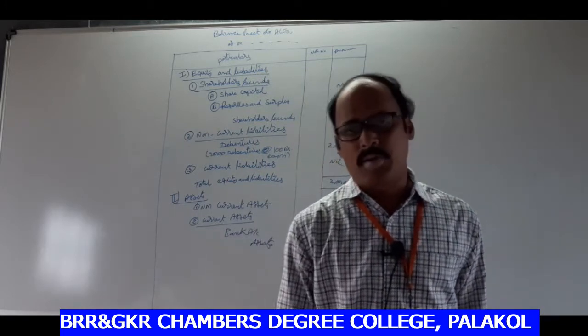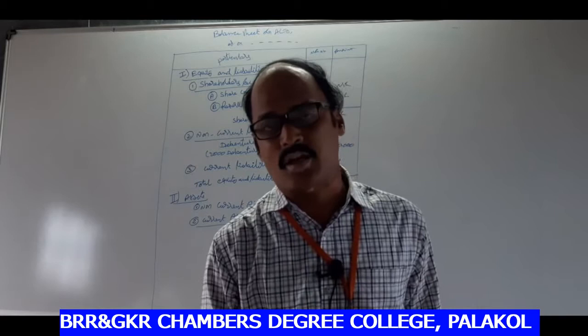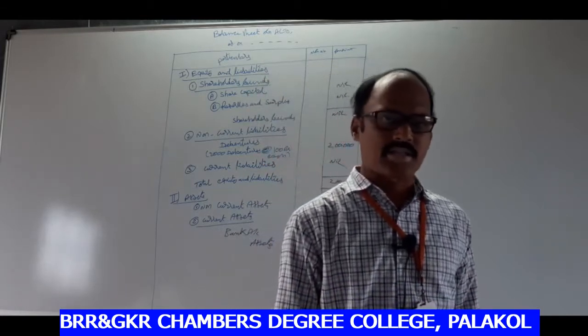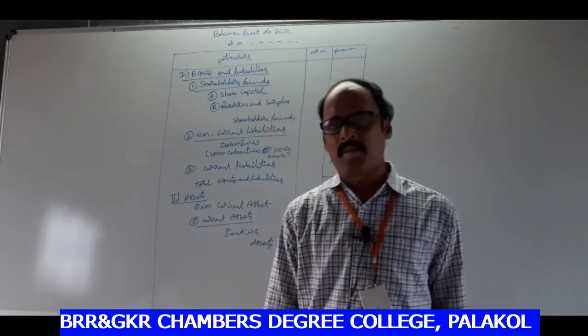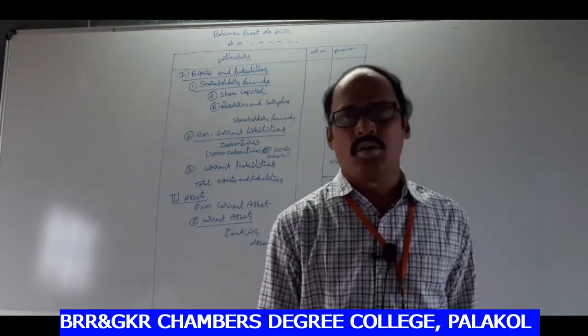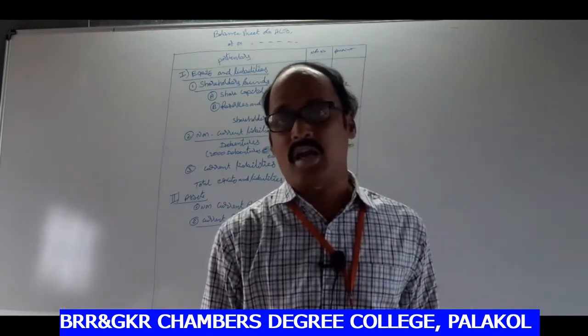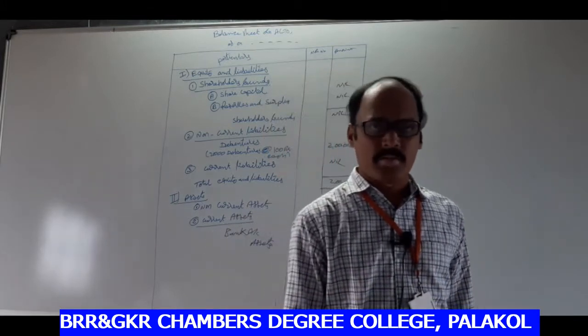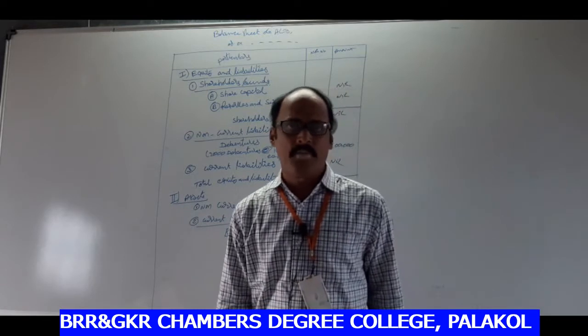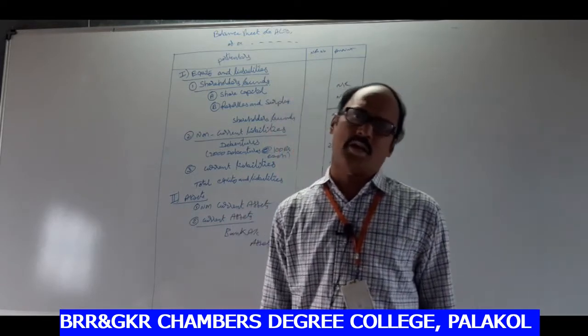Next, application money is transferred to the debentures account: debenture application account debtor to debentures account. Next, whenever allotment money is due, debenture allotment account debtor to debentures account. Whenever debenture allotment money is received, bank account debtor to debenture allotment account.